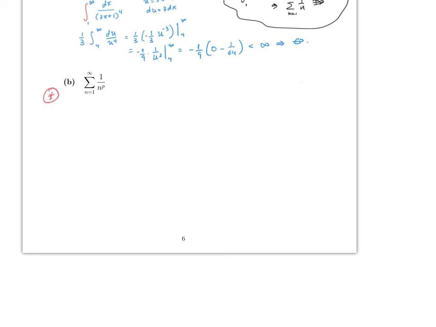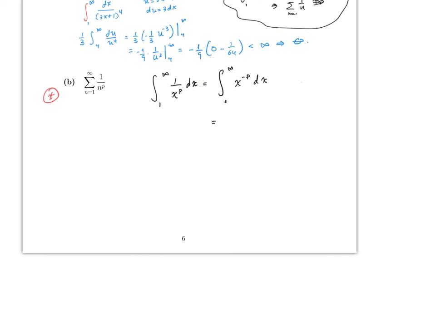So notice here that if we use the integral test, we're going to have the integral from 1 to infinity of 1 over x to the p dx, which is the same thing as the integral from 1 to infinity of x to the negative p dx.